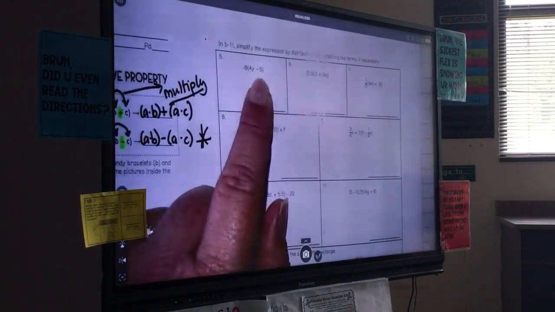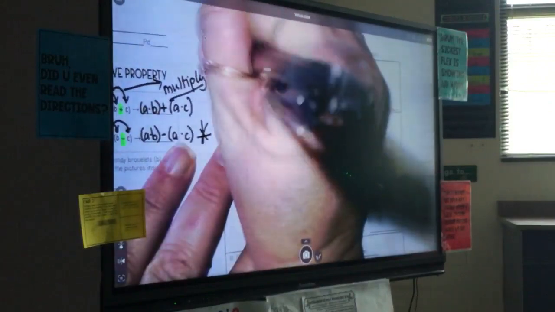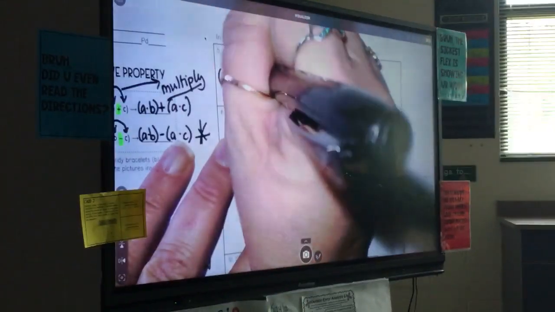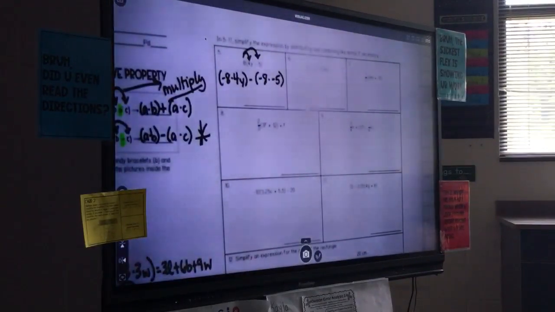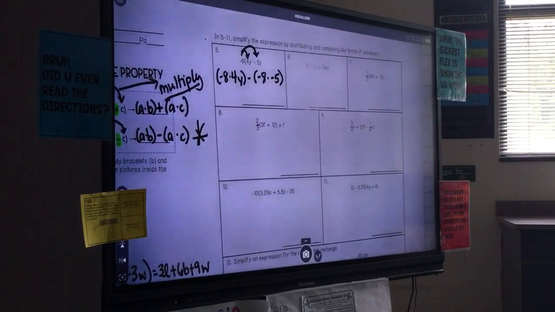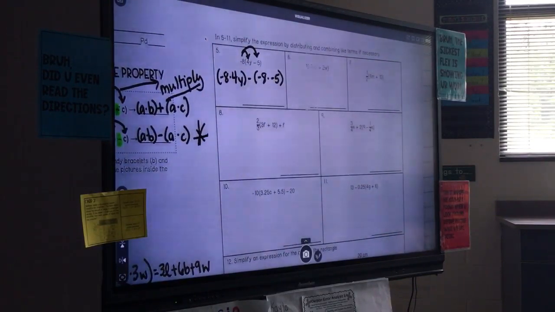So based off of what I just showed you, when you distribute in your negative 8, you have negative 8 times 4y minus negative 8 times negative 5. Solve that. Thumbs up when you have it.